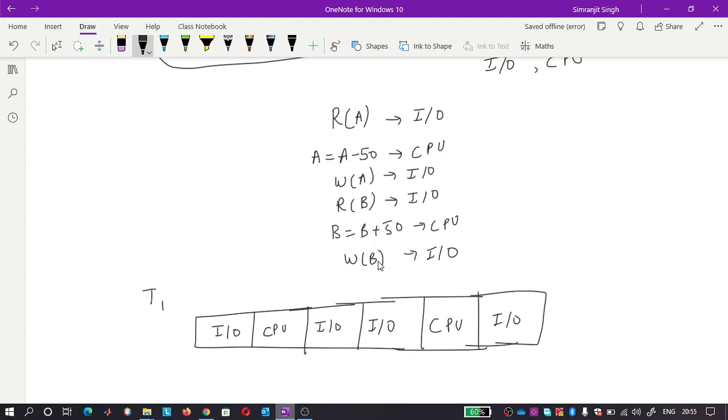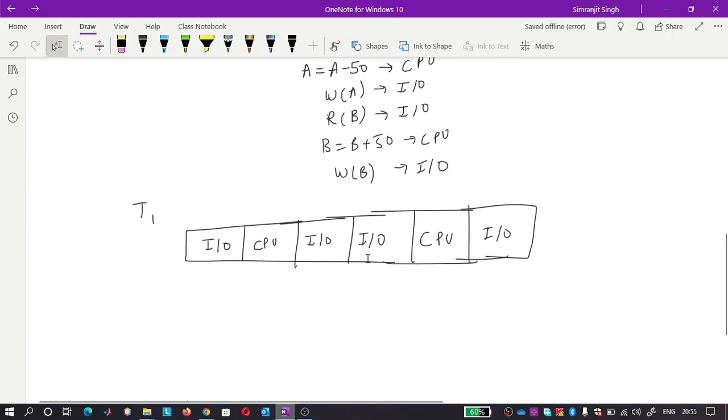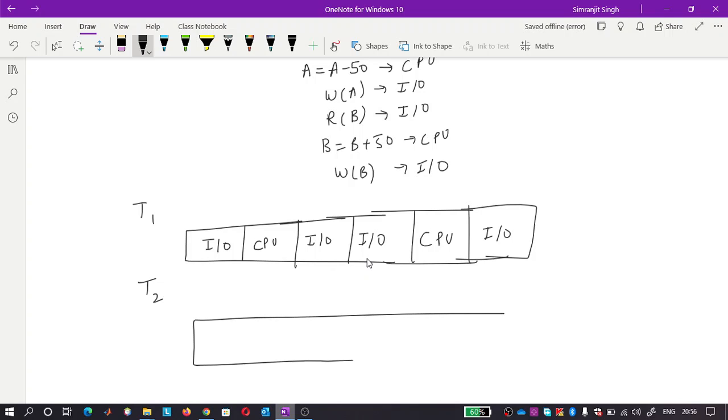In order to increase the efficiency of the system, I want to execute another transaction, transaction T2, in such a way that when transaction T1 is using IO, T2 is using CPU, and whenever T1 uses CPU, T2 is using IO.